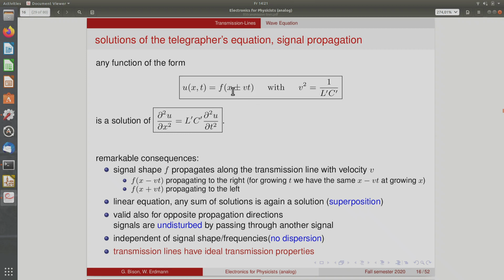Both are solutions of the equation because when you do two derivatives, you get v squared, so you also get the sign squared, so plus and minus are solutions. The ones where you have the minus sign propagate from the left to the right, and the ones where you have a plus sign propagate from the right to the left. So these are solutions where a waveform travels unchanged along the wire.